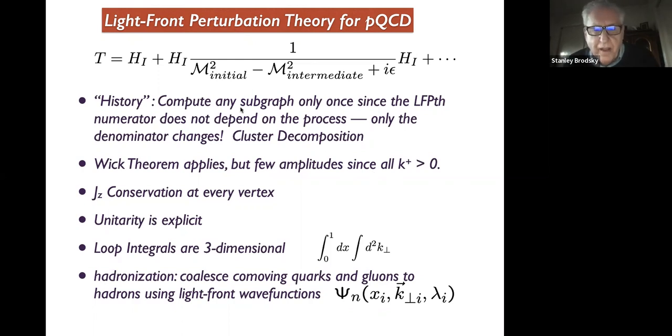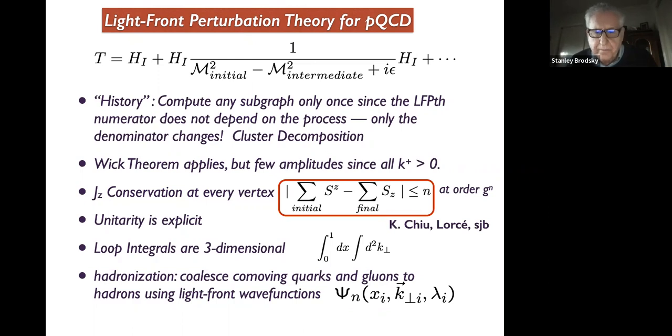You also only have to compute the numerator once for any graph, and only the denominator changes. There's a whole systematics that saves things. You also have J_z conservation at every vertex. Unitarity is explicit. The integrals are only 3-dimensional, and you can understand hadronization and so on with this formalism.